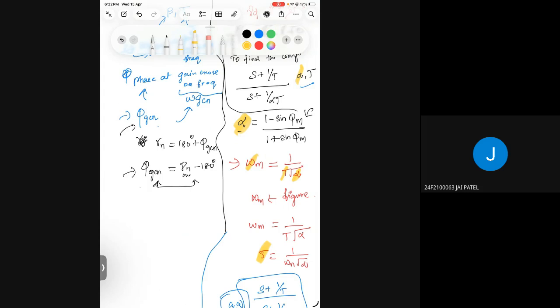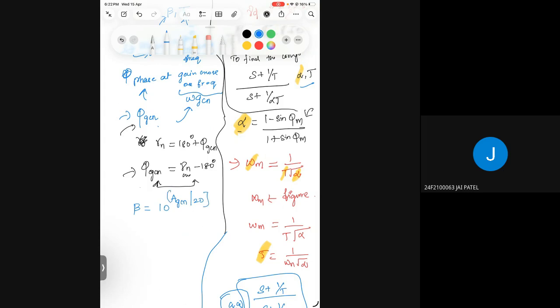Then comes, we will solve a problem. Don't worry if you didn't understand this step. Then the relation between this and that is that to find the parameter beta, the formula is 10 power AGCN divided by 20. That is the formula.